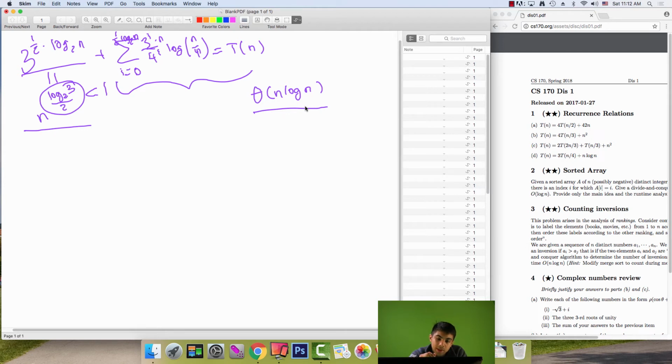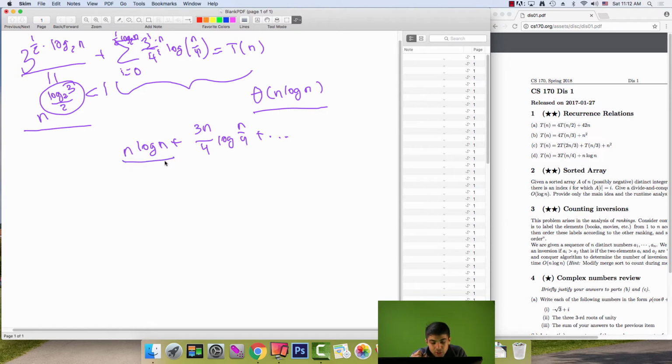If we expand the terms, we'll notice that the first term is n log n. The second is 3n over 4 log n over 4, and so on.